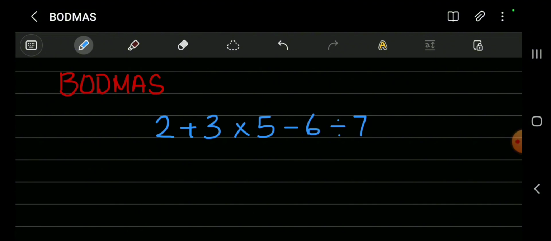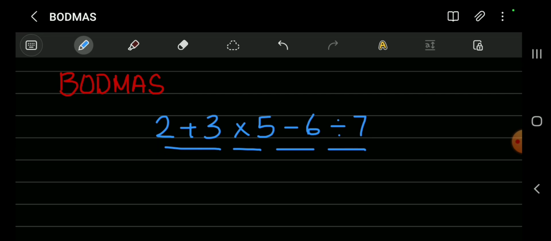How do we know first whether we have to add, or multiply, or subtract, or divide? Will doing all this give you the same answer? No. Sometimes maybe it will give you the same answer, but not all the time, and you get different answers if you follow a different order of operations. Which answer is correct? How do we know that?